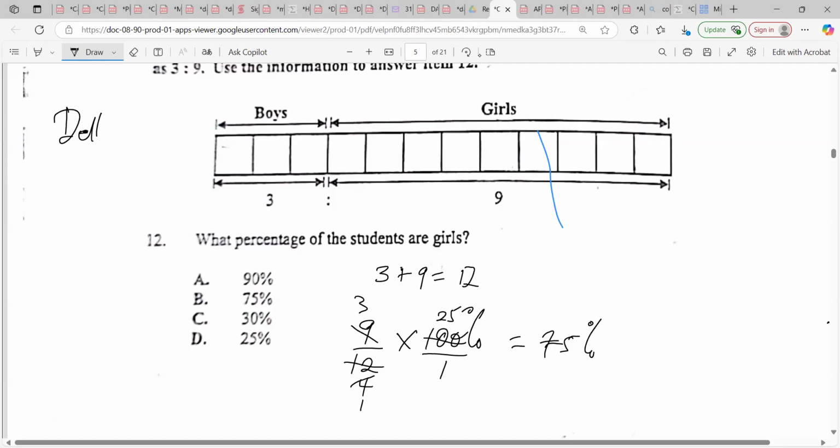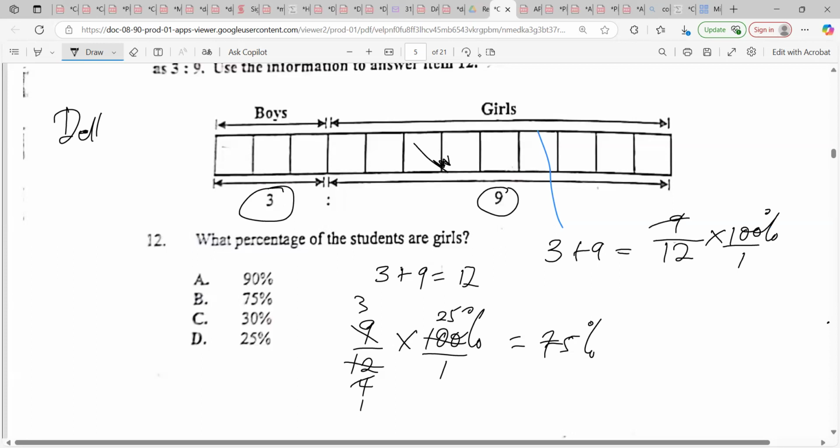All right, let me see, guys. So students, we need the total, right? We need the total number of students. That's why he added. So you're going to add the 3 plus 9 because the total would be our denominator. And then how many girls? As they said, 9 represents the number of girls. And because percent is out of 100, we times it by 100%.